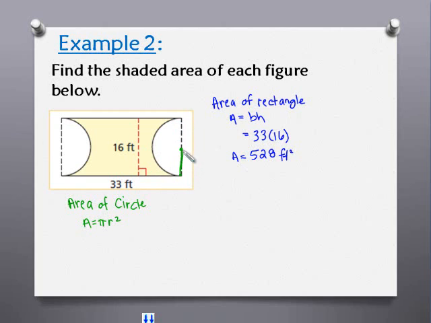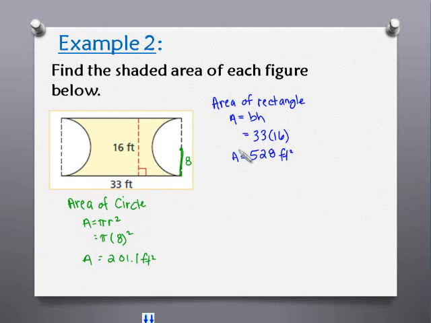So to get the radius, I just have to divide that in half. So the radius here is 8 feet. And that's all I need to calculate the area of the circle. So we're going to do pi times the radius squared. 8 squared is 64, and 64 times pi is equal to 201.1.